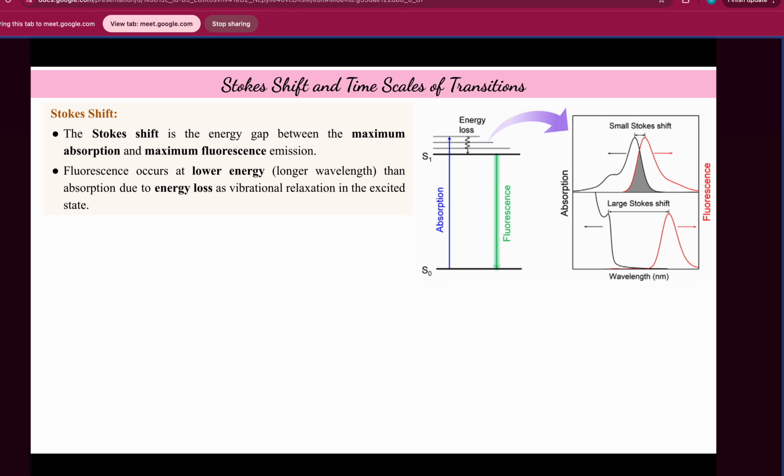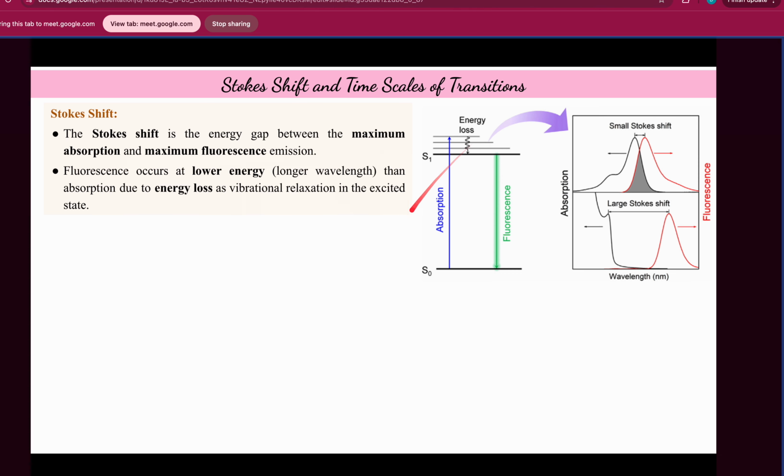So now the concept which I was discussing previously is known as Stokes shift. So what does Stokes shift mean? Stokes shift is the energy gap between the maximum absorption and maximum fluorescence emission. For example, if some light is absorbed, then that light has to be emitted. But there is some difference between them, because when there is vibrational relaxation, the molecule is changing its conformation and it is using some energy for that relaxation as well.